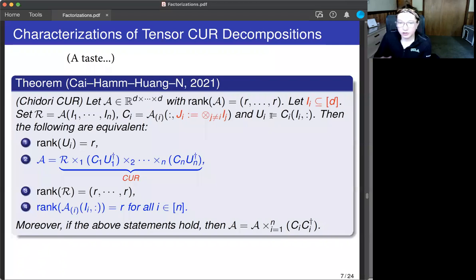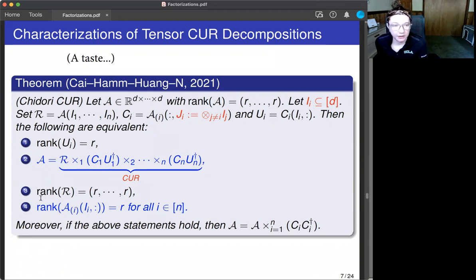If this construction is done in this way, then you can say the following. The rank of each U matrix is indeed R, the same as the rank of A in that mode. And you can form a CUR decomposition of A by doing a mode-wise multiplication of the row tensor R with these products, C1 times U1 inverse and so on.